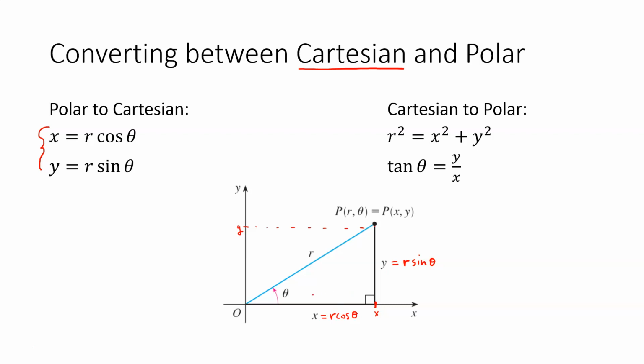And given the x and the y, we can find the angle theta using the tangent ratio. We know that tan of theta is going to be opposite over adjacent, and so tan of theta will be y over x. Okay, so that gives me now a way of finding the angle theta in terms of x and y.